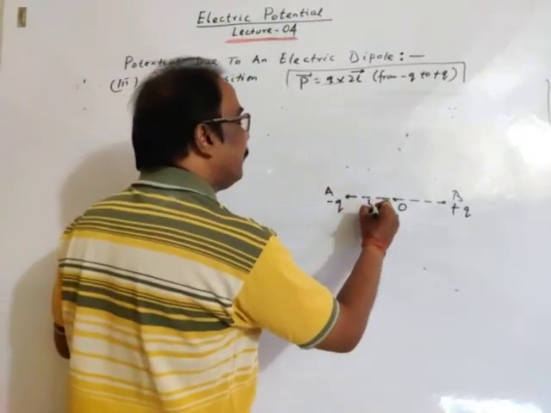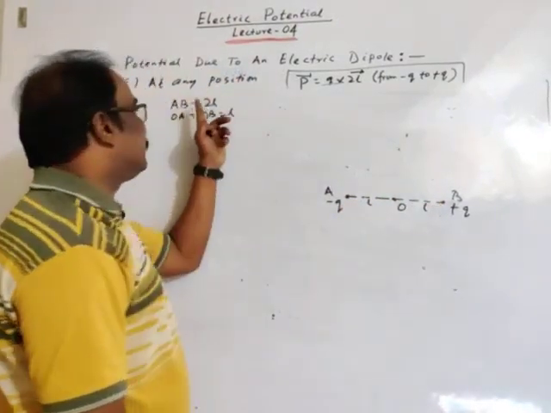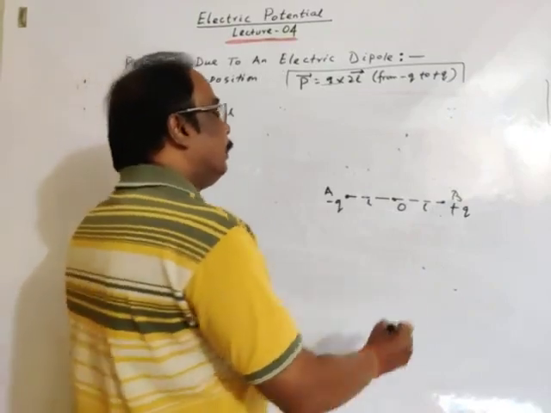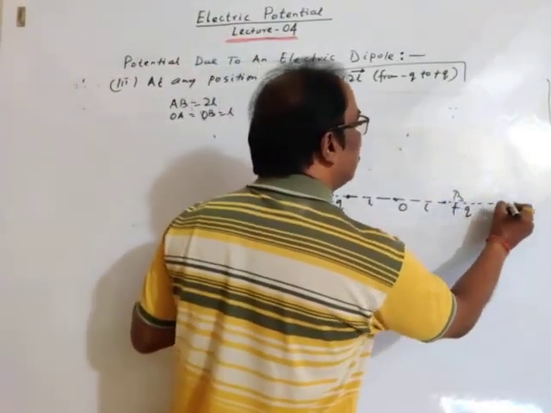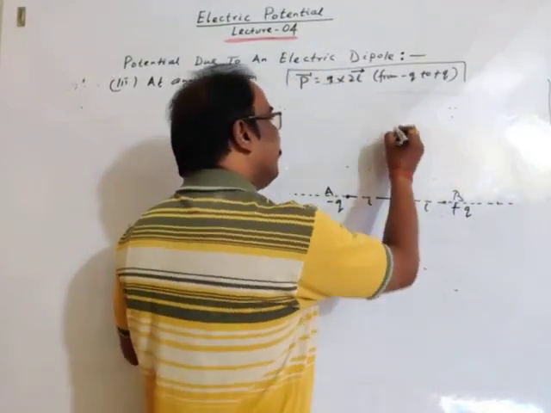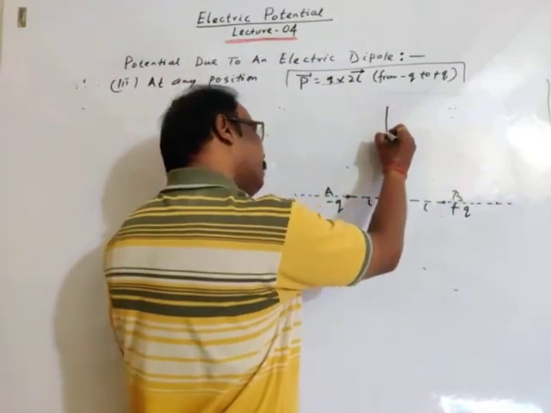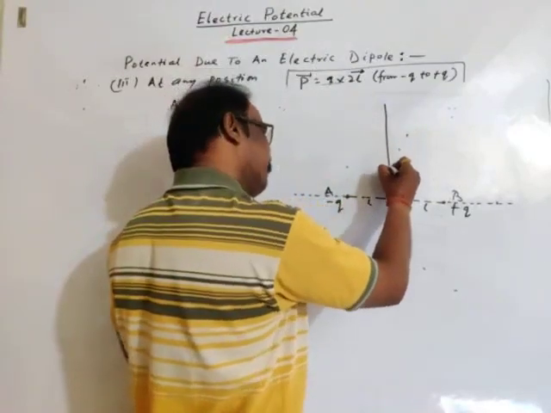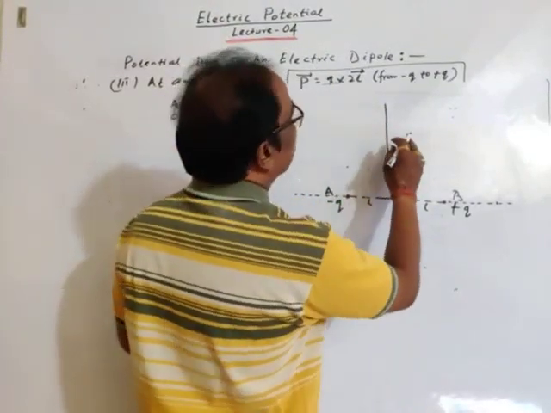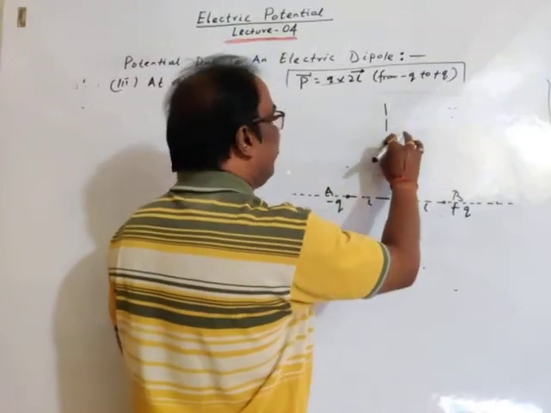The line which joins the two equal and opposite charges is the axial line, and this perpendicular bisector is the equatorial line.